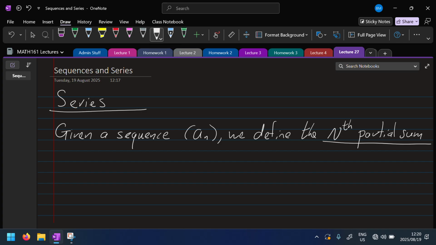The nth partial sum of the sequence is then S_N equal to the sum from n equals 1 to capital N of a_n. So given the sequence, we take the sum of the first N terms. That we call the nth partial sum, and we give that the letter capital N.